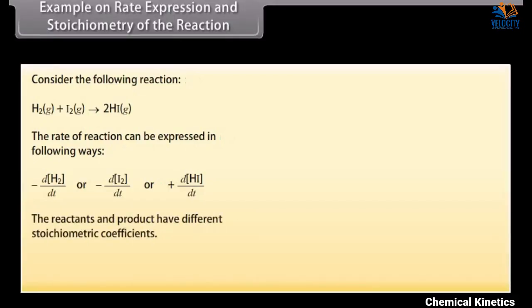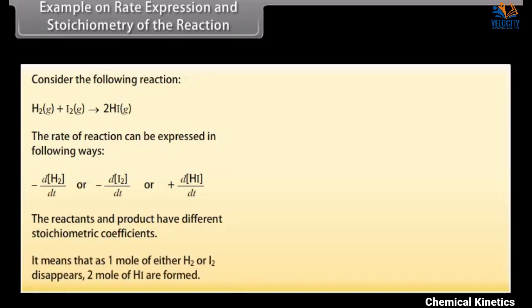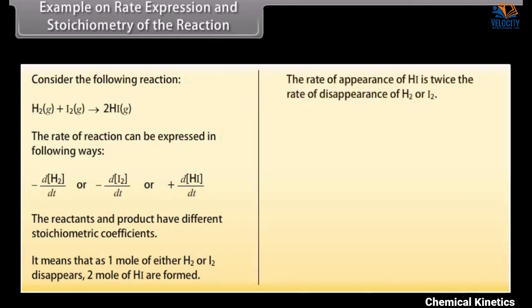The reactants and product have different stoichiometric coefficients. It means that as 1 mole of either H2 or I2 disappears, 2 mole of HI are formed. The rate of appearance of HI is twice the rate of disappearance of H2 or I2. Thus, minus d by dt of H2 is equal to plus 1 by 2 d by dt of HI.